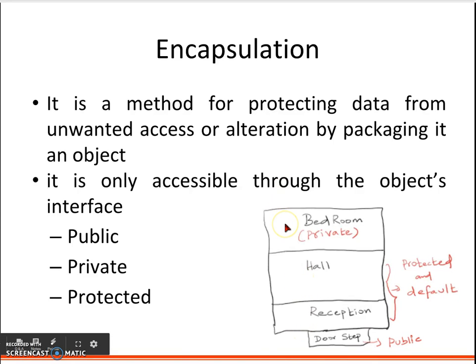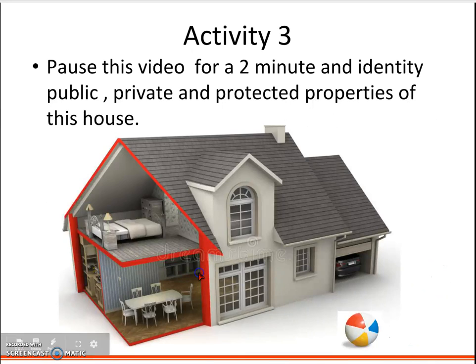And the things inside the bedroom are accessed only by the persons who are owners of this bedroom. So we have three areas: the public area, the protected area, and the private area. Similarly, all objects have three areas: public, private and protected.